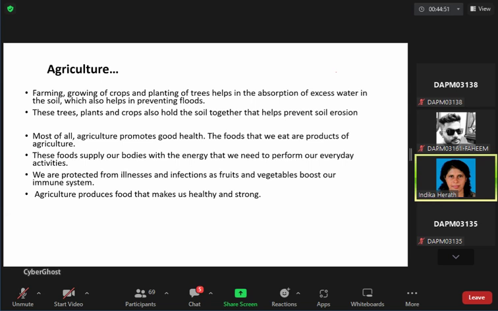And most of all, agriculture promotes good health, because if you make the right choice in food, especially the pattern of consumption, we have naturally grown food from the agriculture sector. If we make the right choice, we can have a healthy life. These foods supply our body's energy and the other nutrients needed for the maintenance of our life.